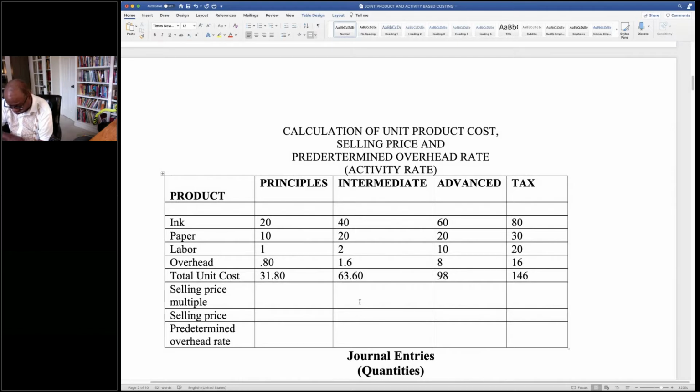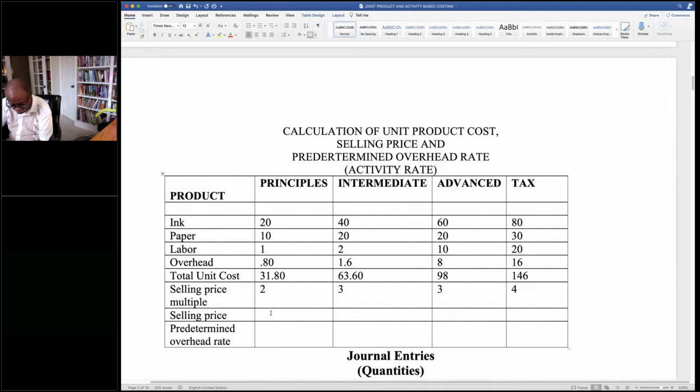And so then we multiply them, the price multiple 2, 3, 3, and 4 from above in the assumptions. All right. And then we're going to multiply those two.